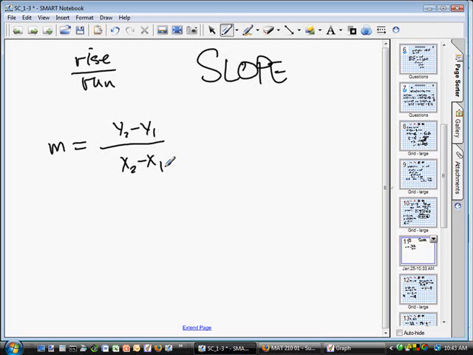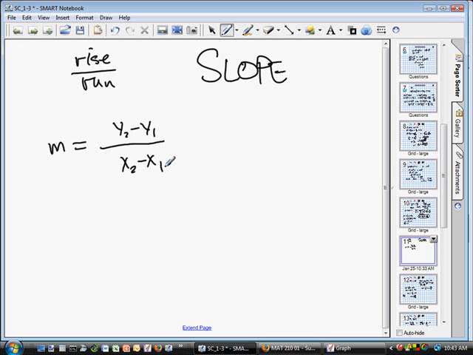Answer: it doesn't make any difference, just so you don't change your mind halfway through. Stick with it. Why is that? Because the signs on both top and bottom will change. So if the answer was 1 over 2, and you did it the other way, you'd get -1 over -2. Well, isn't that still 1 over 2? So it does not matter which order. Just stick with it.